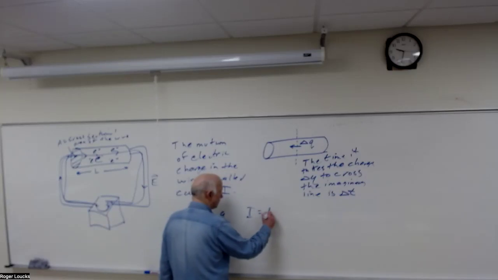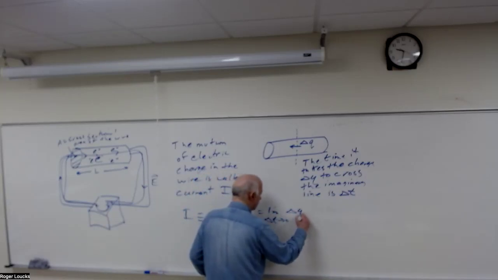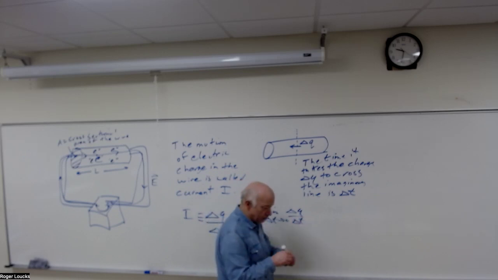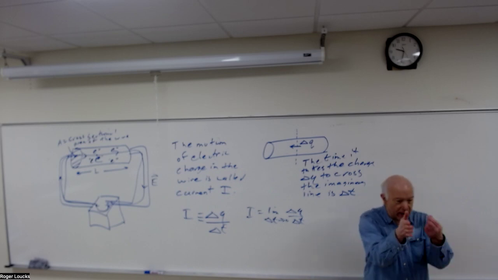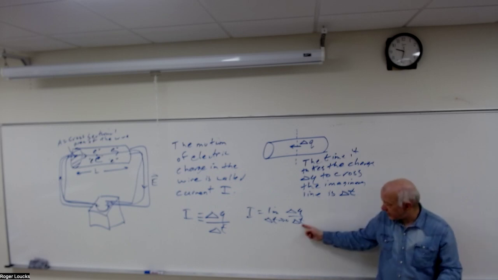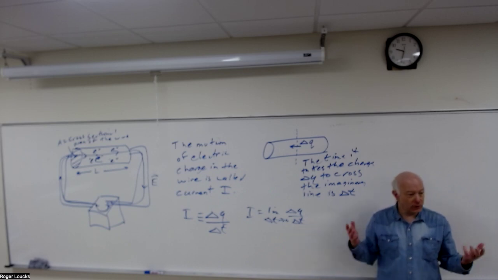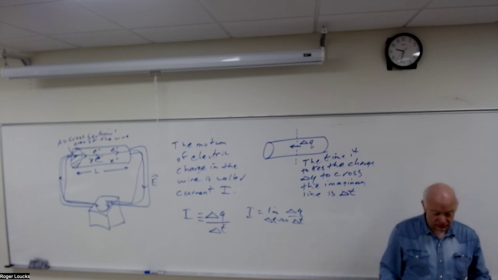If I say the current is the limit, as delta T goes to 0, of this. So I have this wire, and I have this imaginary line. There's going to be a certain amount of charge here that crosses that little line in a tiny little amount of time. And you're all pros at this. Every one of you knows exactly what this is.